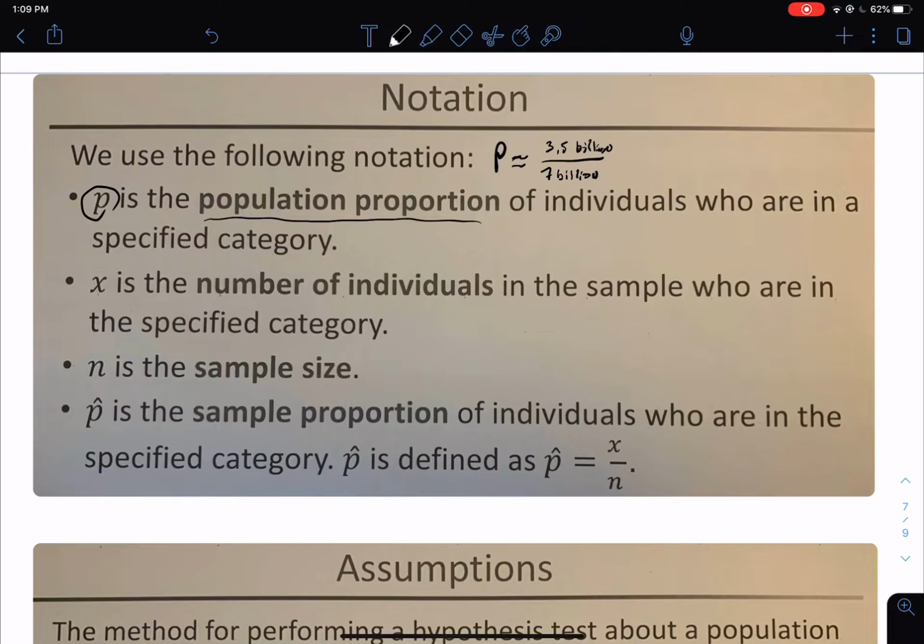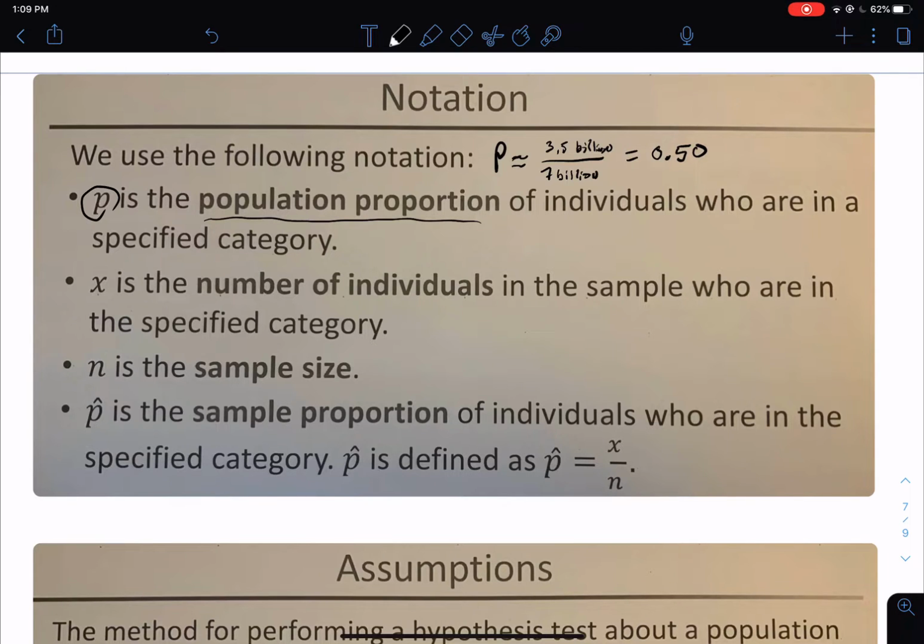Even though those numbers are super large, it is a proportion which can be written as a decimal. 3.5 is exactly half of 7, so 3.5 billion divided by 7 billion is 0.5, or as a percent, 50%.